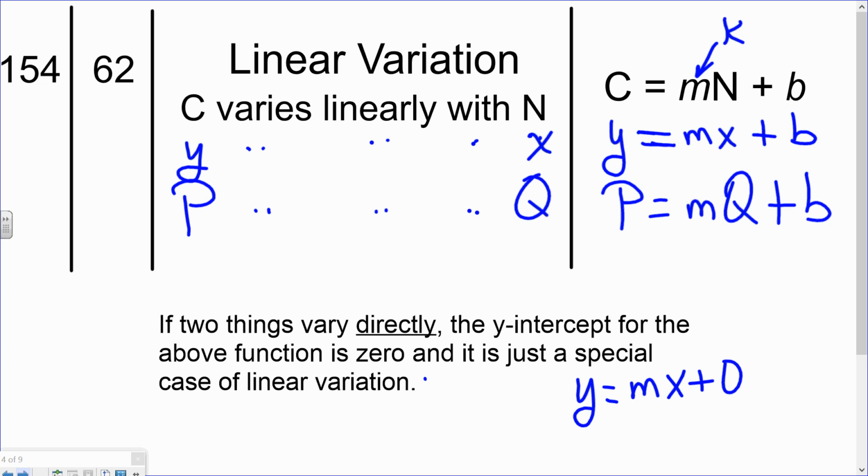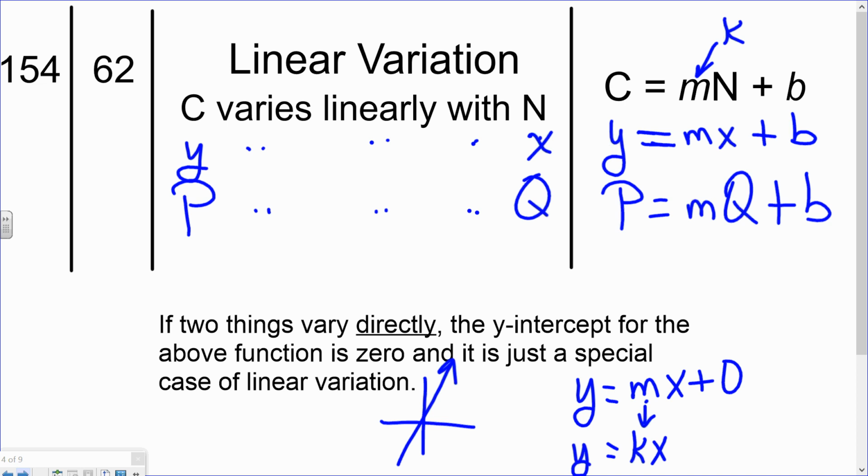Y-intercept is 0. My line looks something like this. Instead of m, if I happen to use k, the slope would have been the constant of variation. Direct variation, y equals kx, is a special case of linear variation. It just has the y-intercept of 0. It just goes through the origin. Does that much make sense so far?